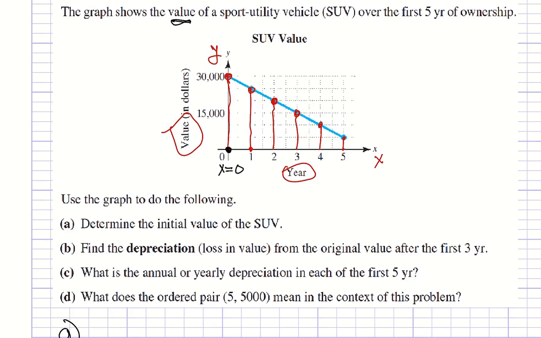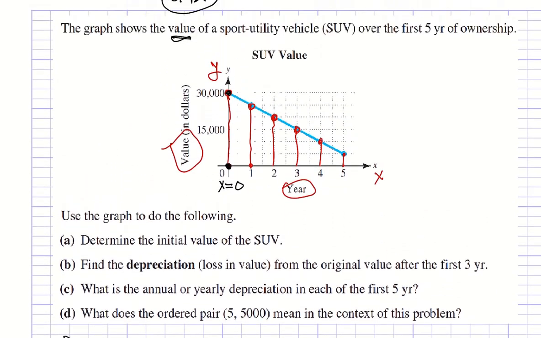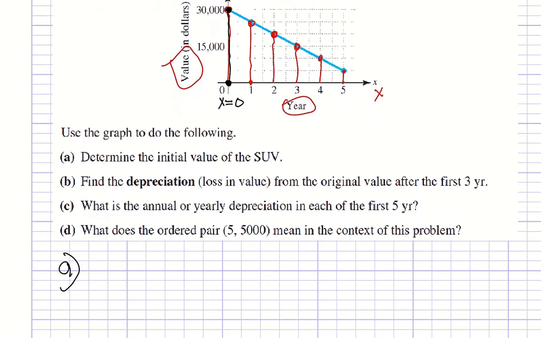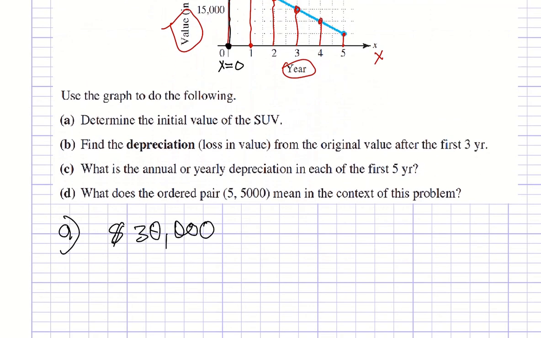That's year 0. So the value is 30,000. That one is easy. From 0 you go up, it's 30,000. So the initial value is 30,000. There's nothing tricky there, so do not overthink it. Just use the graph. That's why the graph is important. That's how you do that one.